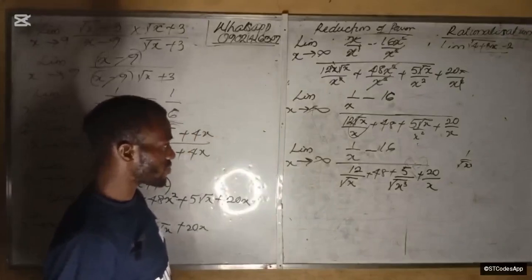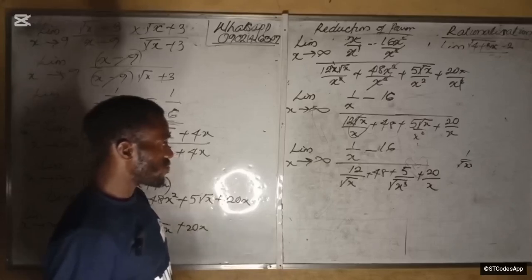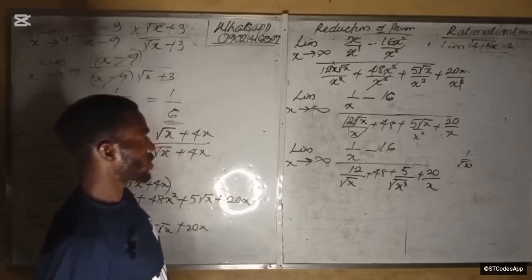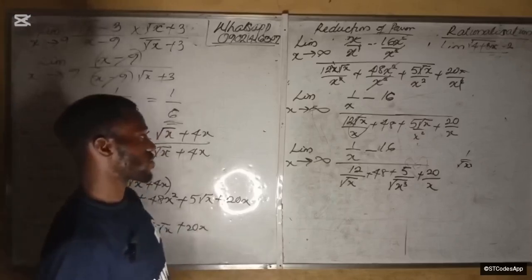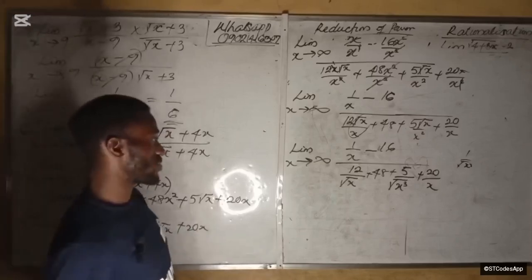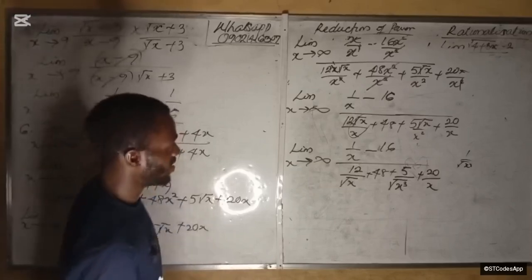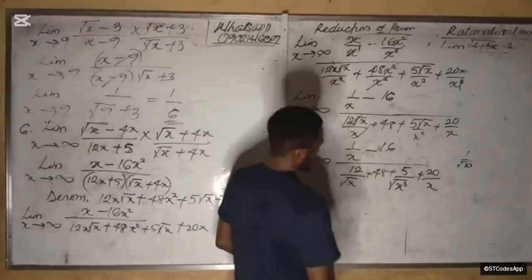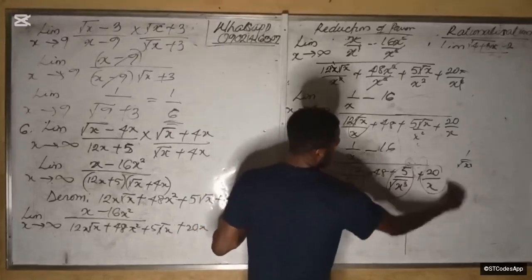So from here, what else can we do? Nothing. We tried our best. We can go home. We should impute infinity here. If we do that, this becomes 0, this becomes 0, this becomes 0.